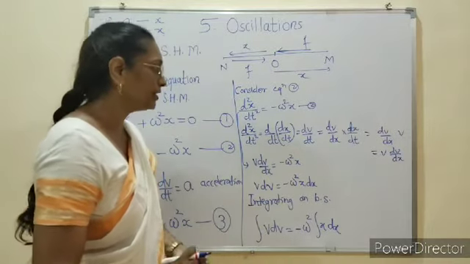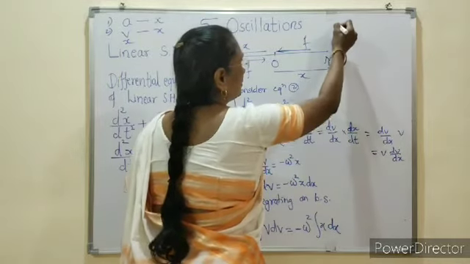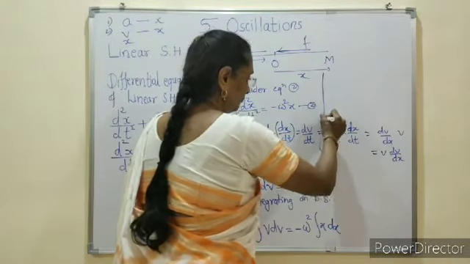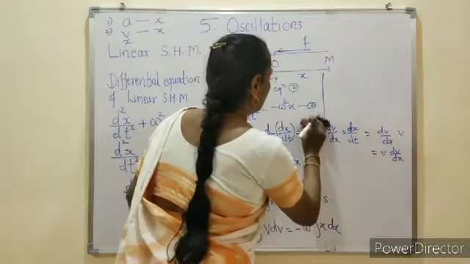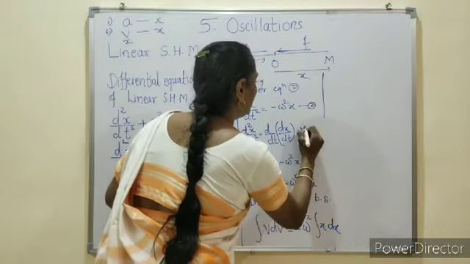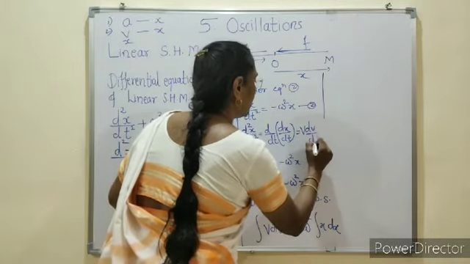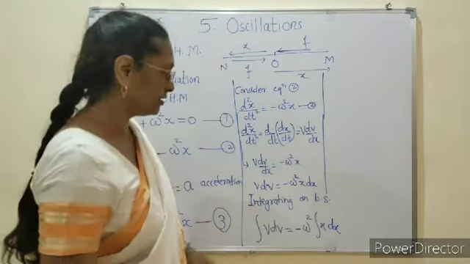How can we integrate it? We can write it over here. So let us write this v dv by dx in this step, so that we can revise it further.